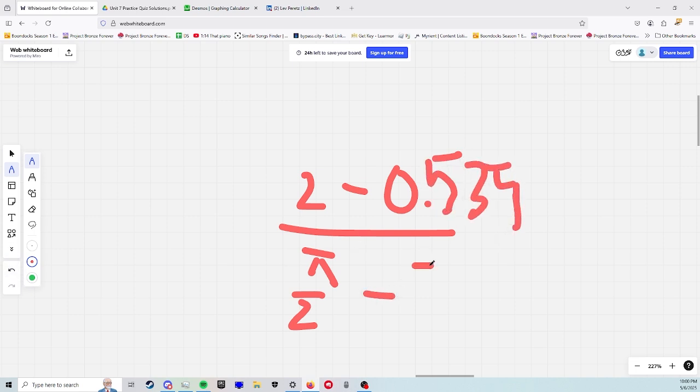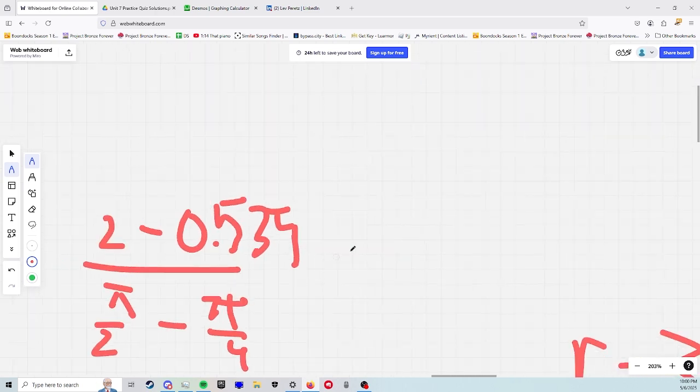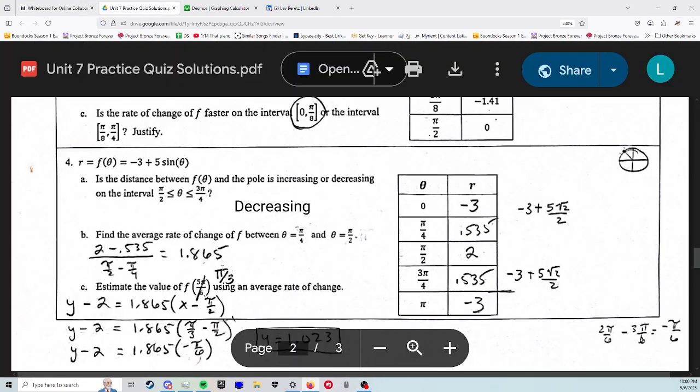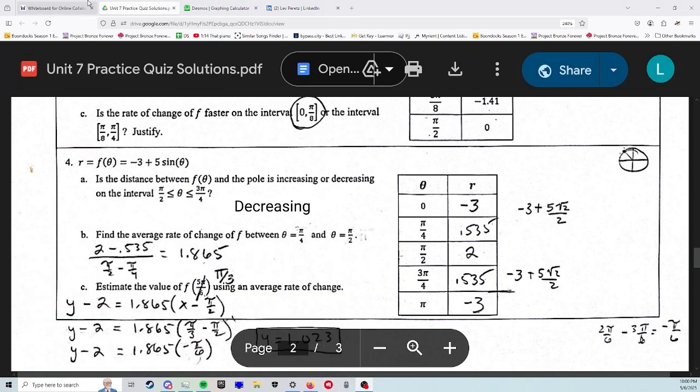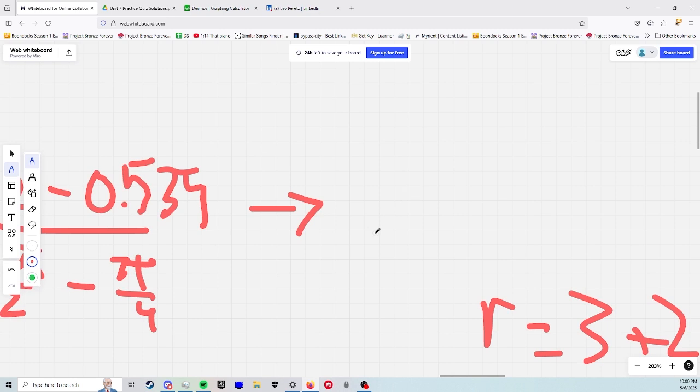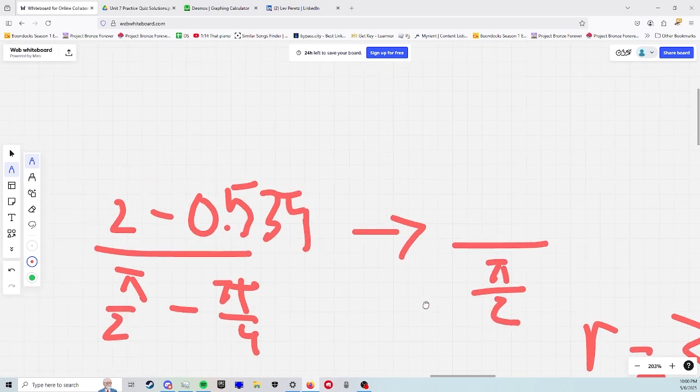And this is minus pi over 4. So you end up with 1.6. Oh, okay, well, you go do this pi over 2. And then 2 minus 0.535 is 1.465.